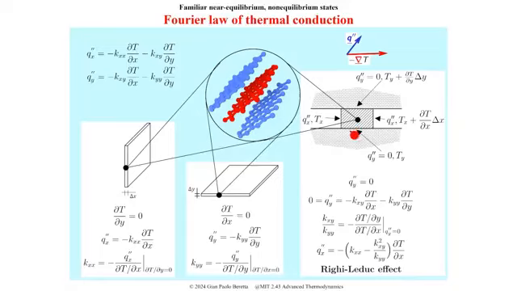All right, so this is also called the Righi-Leduc effect, which was discovered before the Onsager theorem.